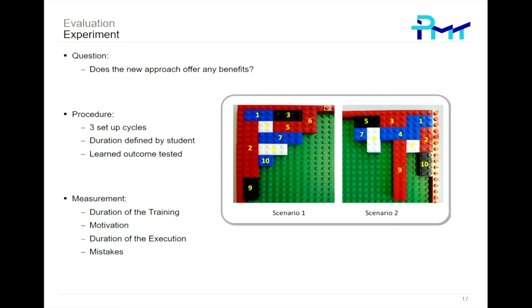And these are the ones that I found significant effects on. So these are the ones I'll go into detail in the next 2 slides. And the other 2 measurements, the duration of the execution in real life and the mistakes made in real life, did not show any effects. So basically they were the same. Not really the same, but close enough to be the same.